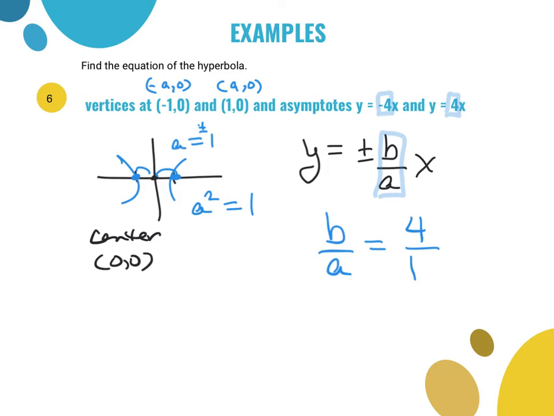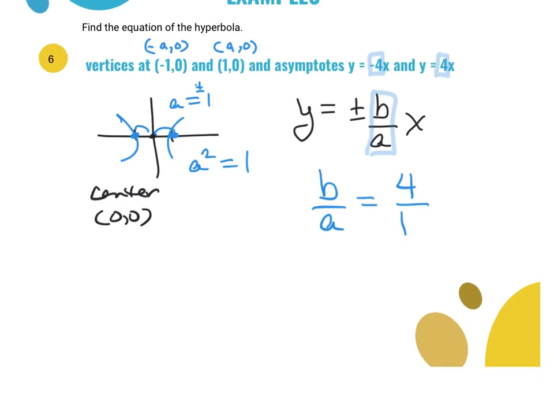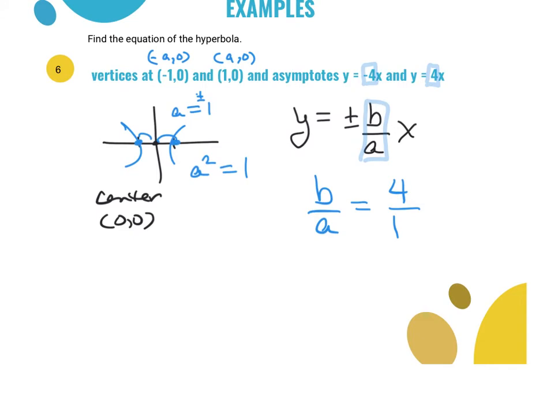Now, normally what I'm going to, well, let me go ahead and solve this as a proportion. Already you can see that a equaled 1 here, so a squared is 1, but let's just go ahead and solve and substitute.